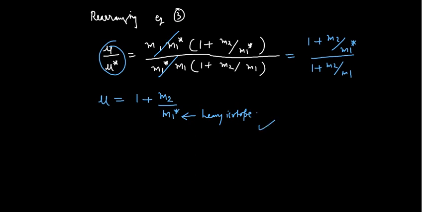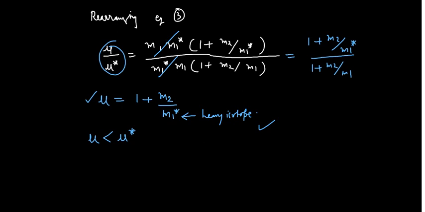Its relation with mu is inverse, so that means for heavier isotopes the reduced mass would be low. So from here we can conclude that the reduced mass of the molecule having the lighter isotope would be less than the reduced mass of the molecule having the heavier isotope. This is something very, very important.